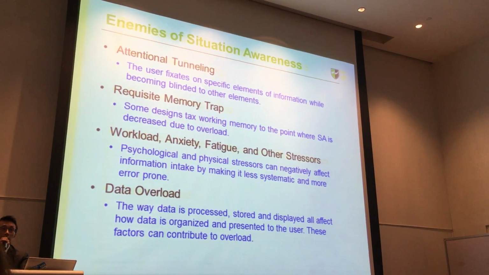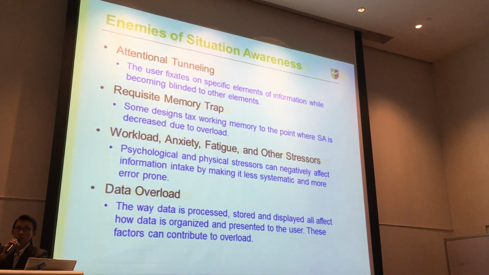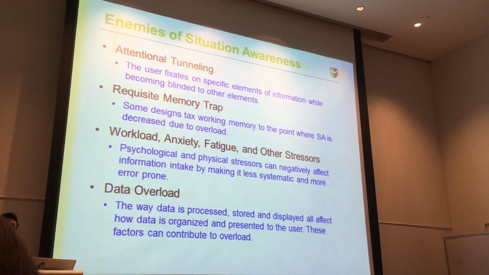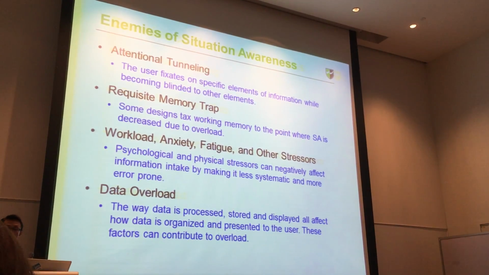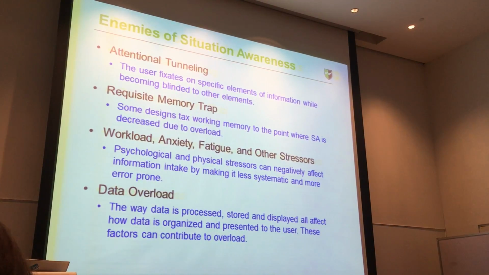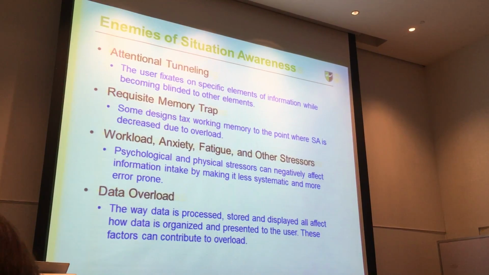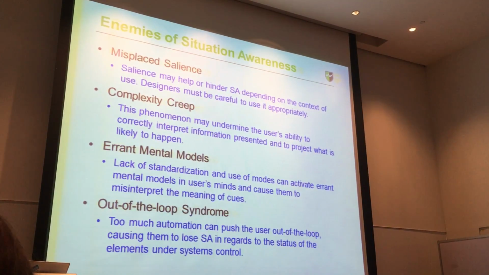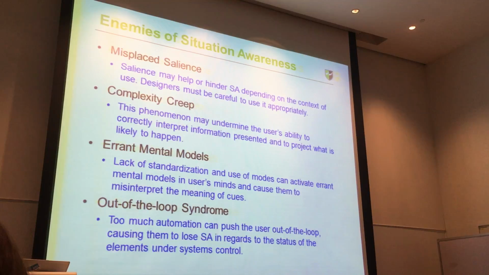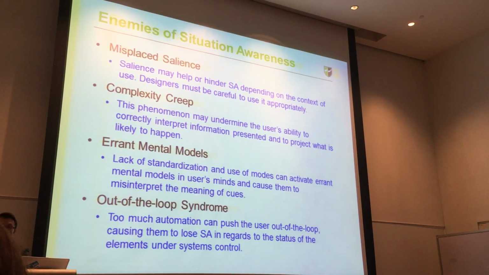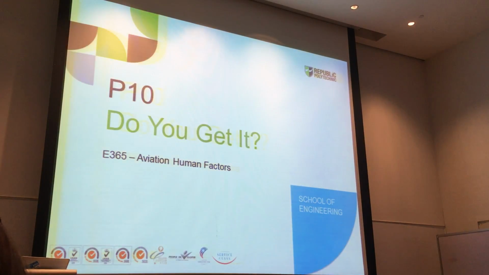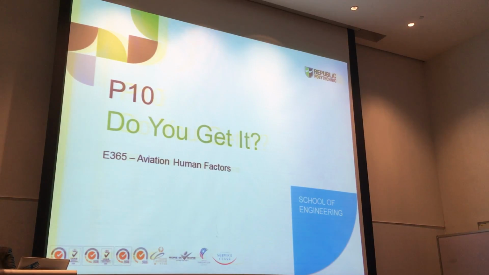At the end of your revision, you must know the meaning, by your own words, your own feel of what it is, and at least name a few of them. So these 2 pages are the enemies of situation awareness. So that's it for P9.